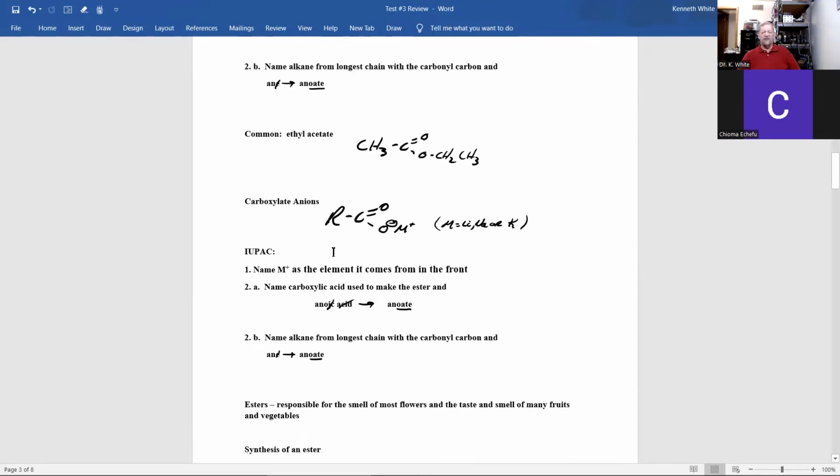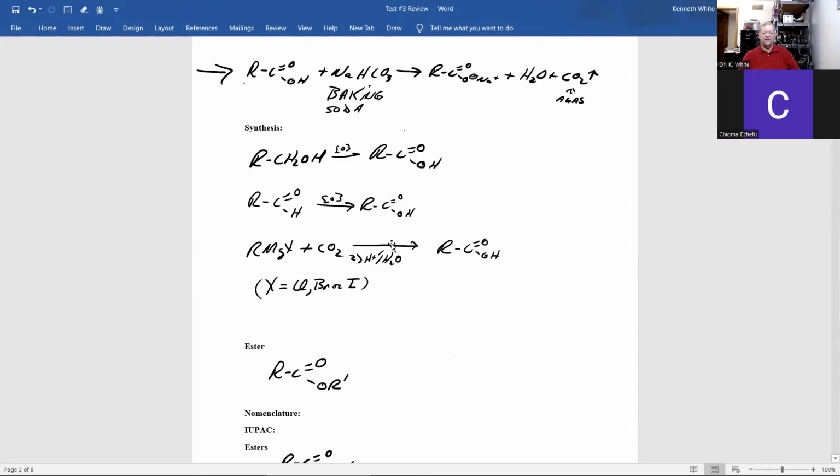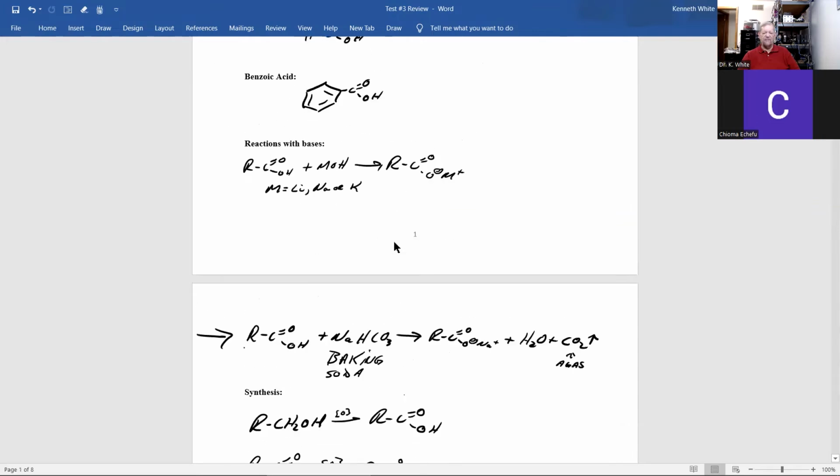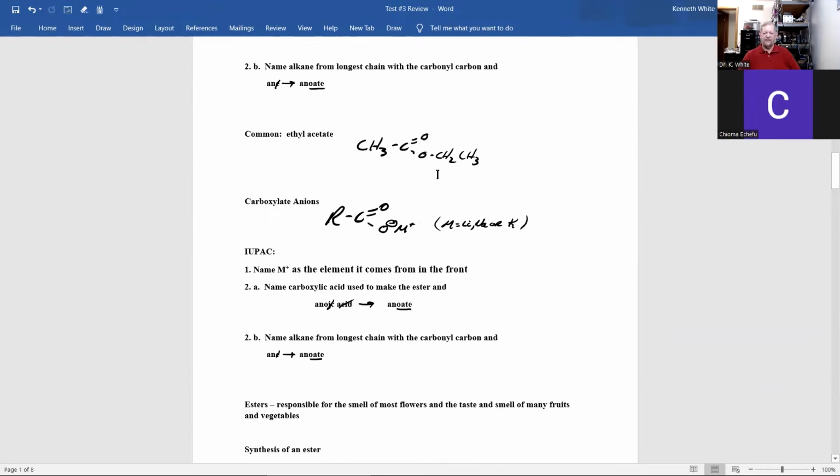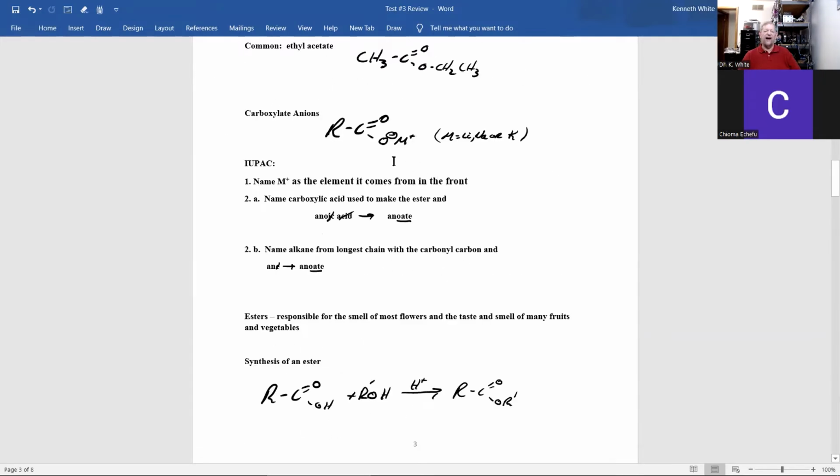Now, another derivative of carboxylic acids, which we talked about up here, when you react it with a base right here, this is a carboxylate anion. And how do you name a carboxylate anion? Well, the cation you name as the element it comes from. And for this class, M could be lithium, sodium, or potassium.